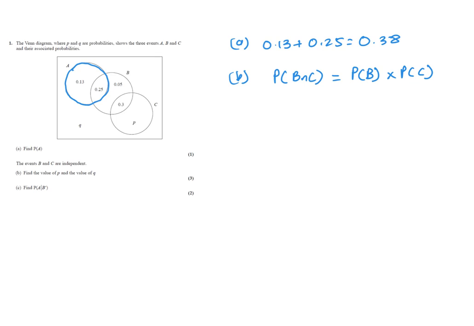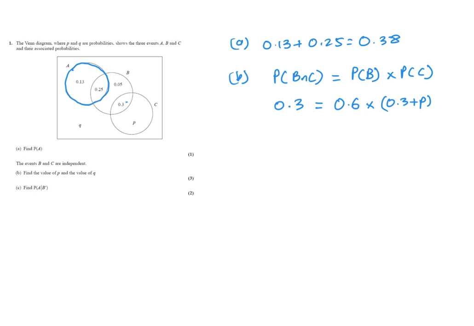So it makes sense, I guess, given that we've been given the fact with independence, to proceed using it. So the probability of B and C, of course, is this overlap here, so 0.3. Probability of B would be the sum of those, so 0.25, 0.3, that's going to be 0.6 for the probability of B, and the probability of C there is going to be 0.3 plus P. Be really careful with the use of brackets there.